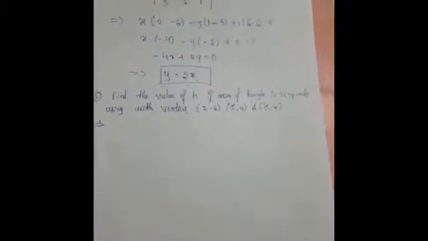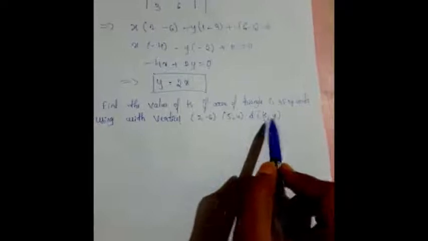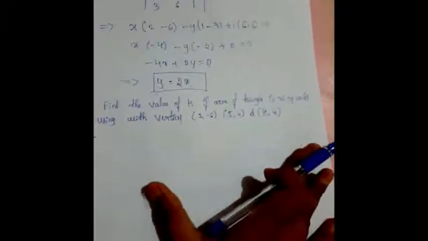Next, here the next question. Find the value of k if the area of the triangle is 35 square units, using the given vertices. We have to find the value of k, that is nothing but this third coordinate point. They have already given that the area of the triangle is 35.